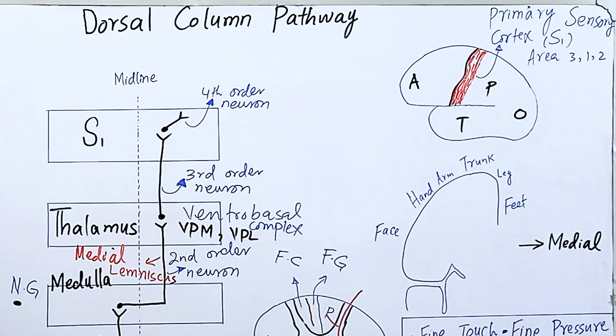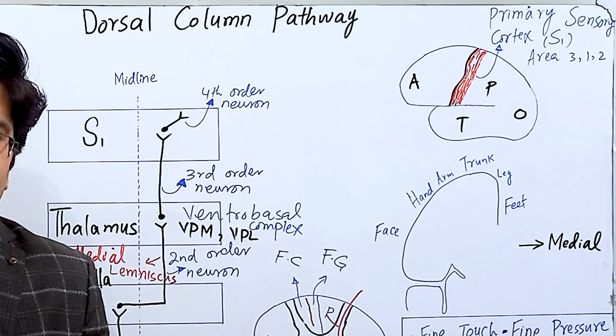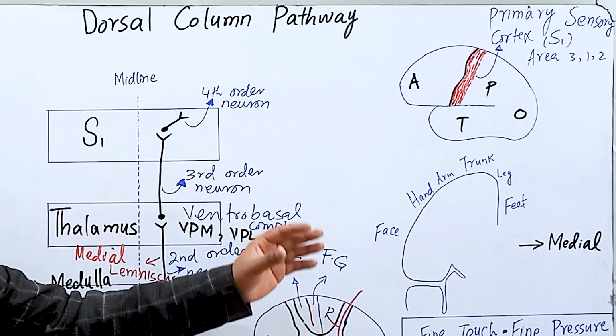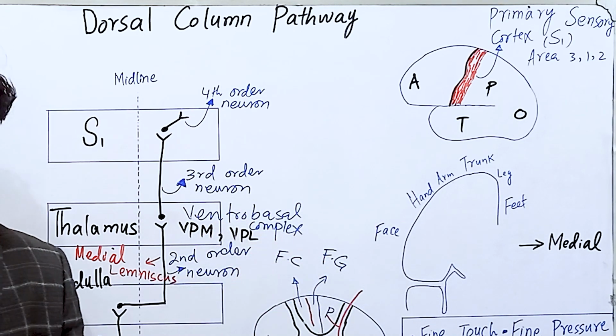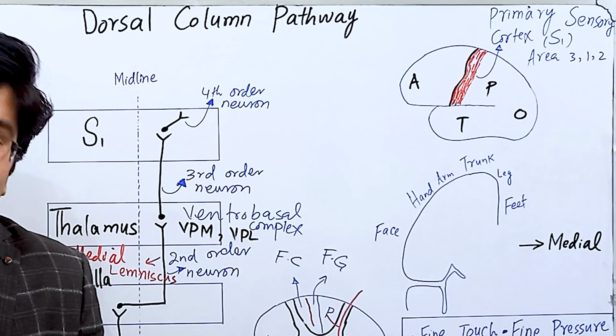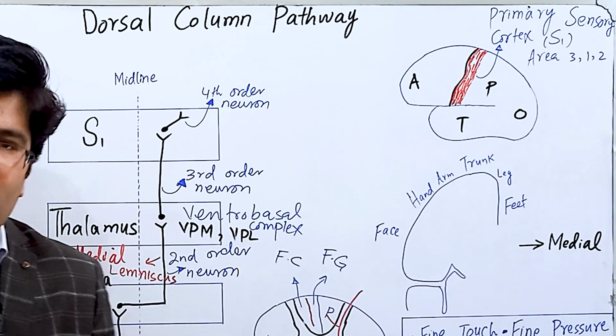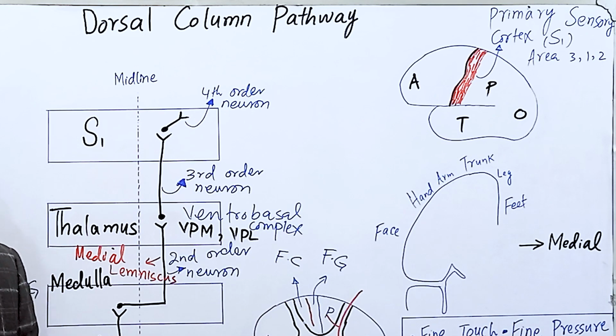Another important feature of this primary sensory cortex is that various body parts are represented here according to their receptor density, which means that those parts which have more receptor density and more nerve fibers carrying signals have a bigger representation here.